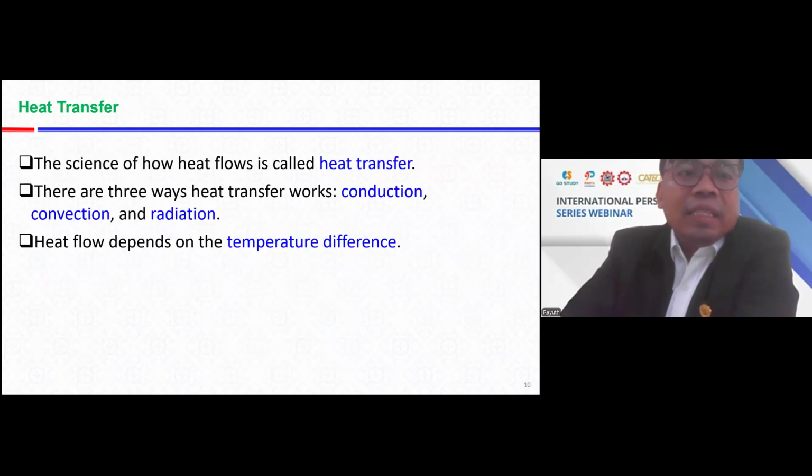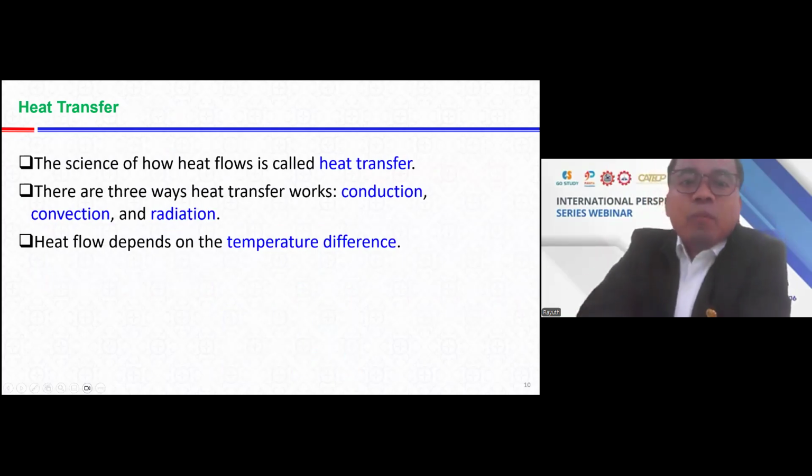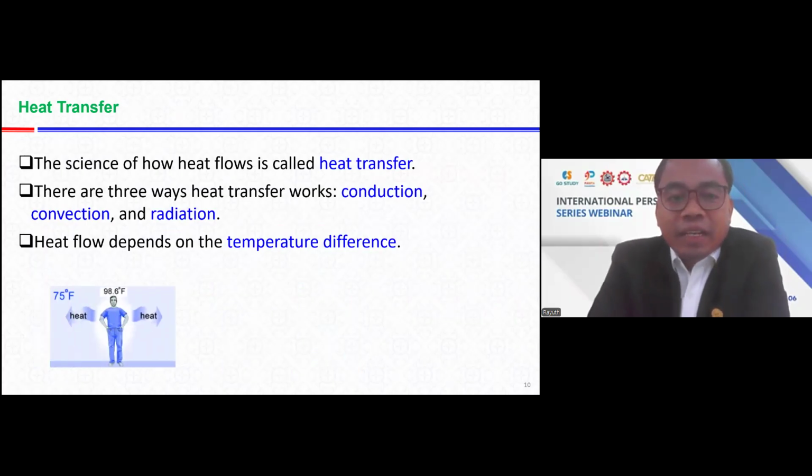Next I mention the modes of heat transfer. As you guys know, the three modes of heat transfer are conduction, convection, and radiation. The heat flow depends on the temperature difference. You see the pictures I took from the books.